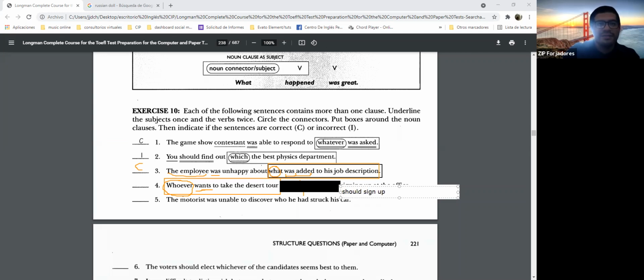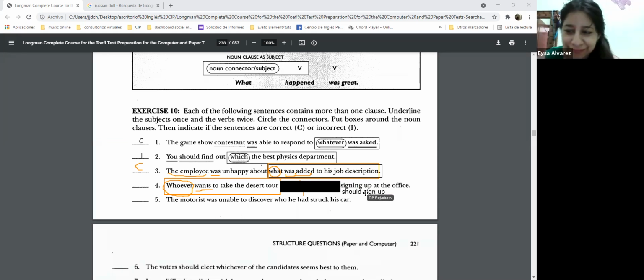And in that one, I could say better: quien quiera tomar el tour de desierto debería, debe, puede firmar en la oficina. Because if I don't put the modal, it says firma en la oficina. But yes, it's correct.